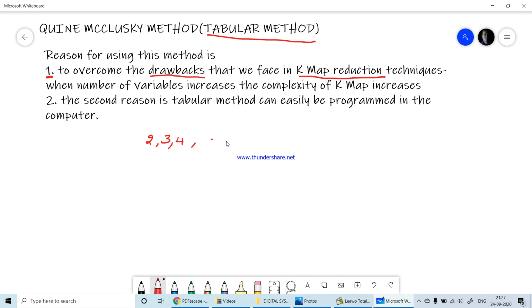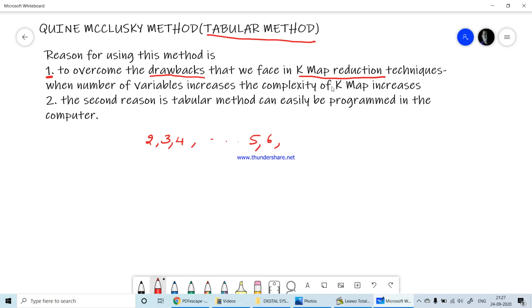But if the variables keep increasing to 5, 6, 7, 8, drawing the K-map and the manual calculation increase, and the grouping becomes very complicated with more input variables.